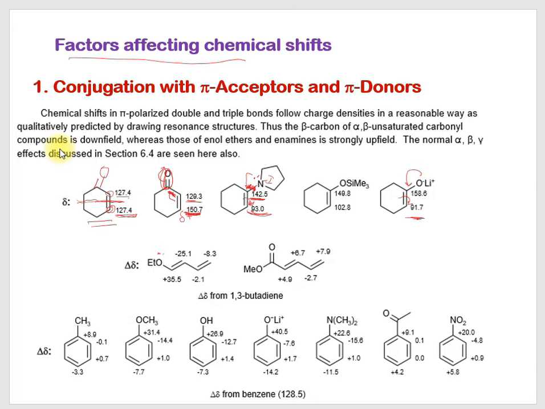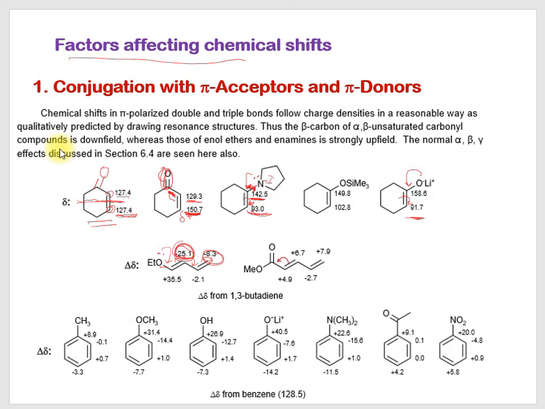You can see here the delocalization of the lone pair from the ethoxy group to this carbon, and it can be delocalized further to this carbon. The negative value means the change in the chemical shift. The change in chemical shift is more here as compared to here. That means the effect of the lone pair of oxygen.